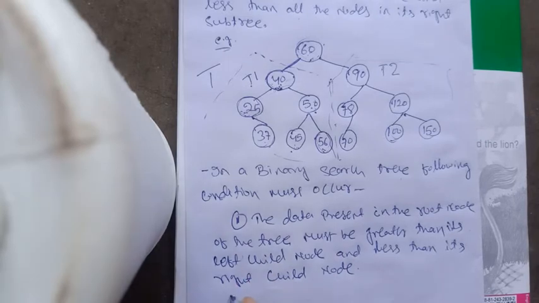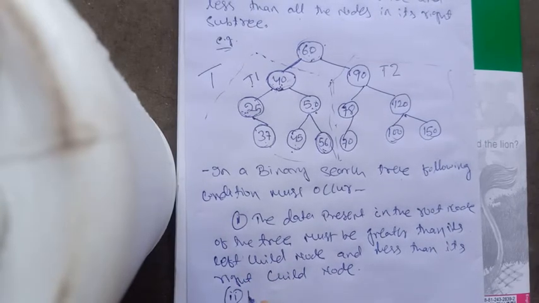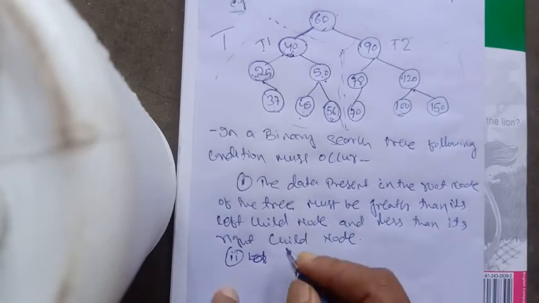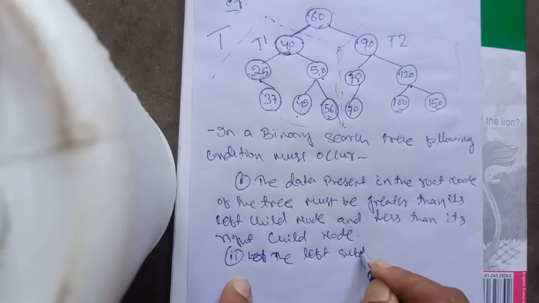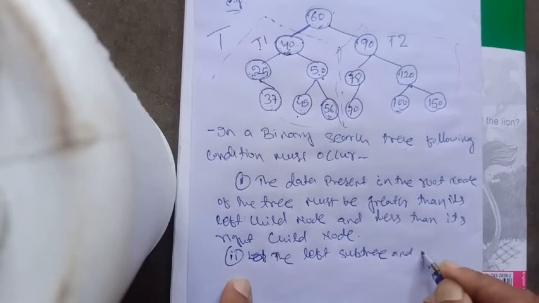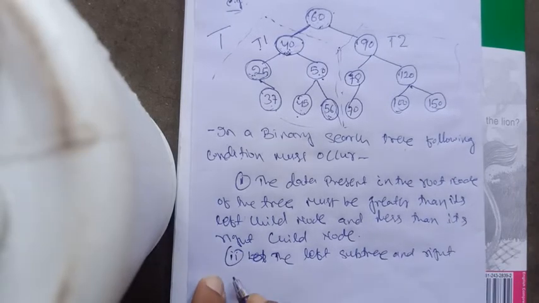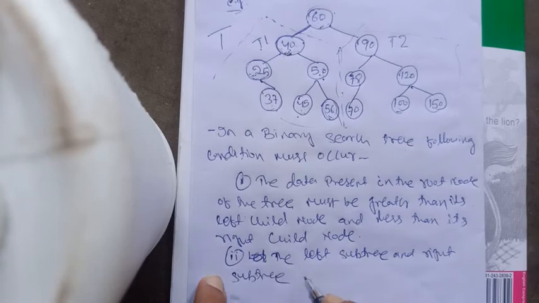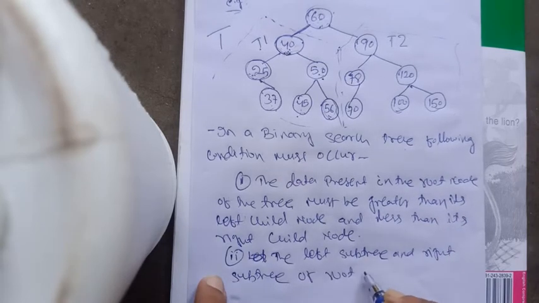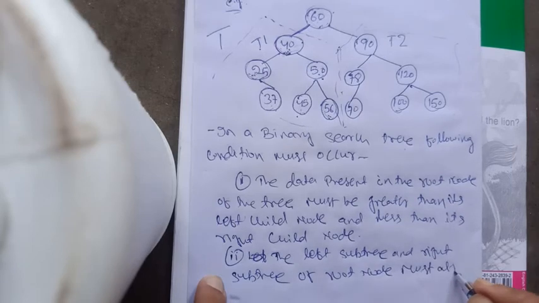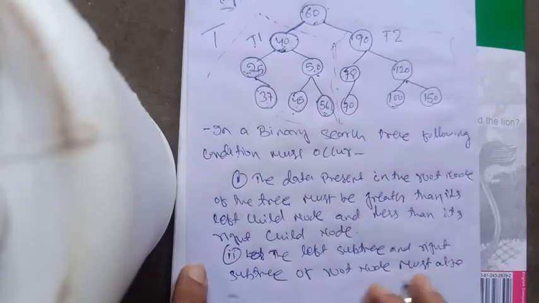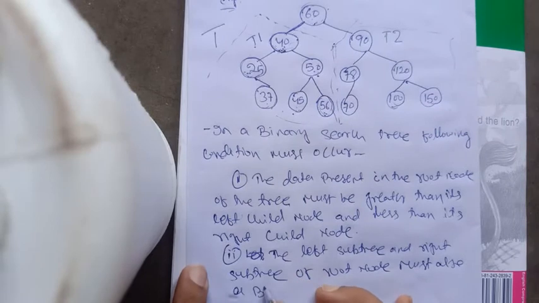And the second property is the left subtree and right subtree of the root node must also be a binary search tree.